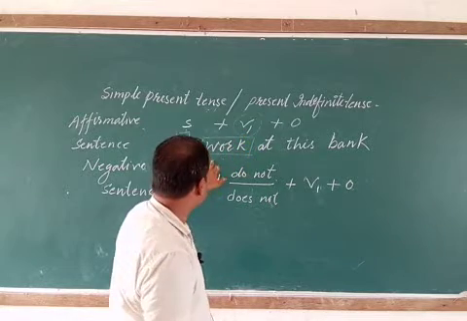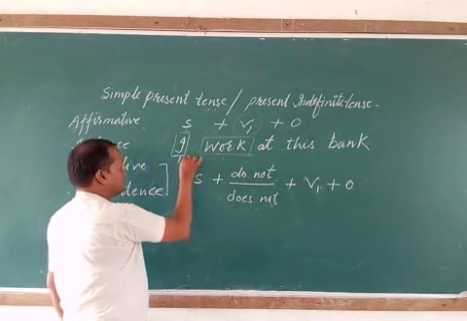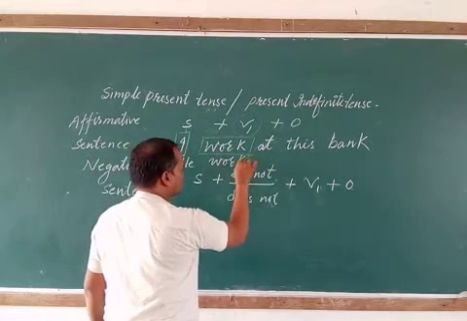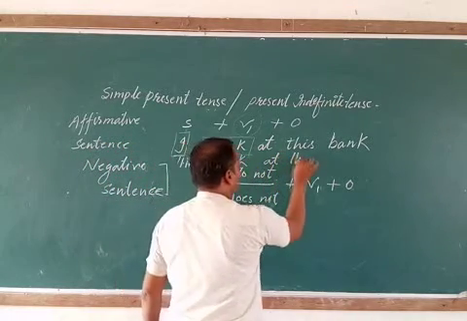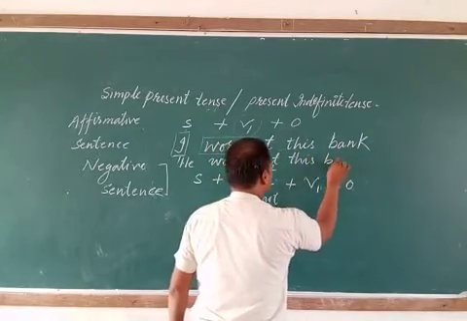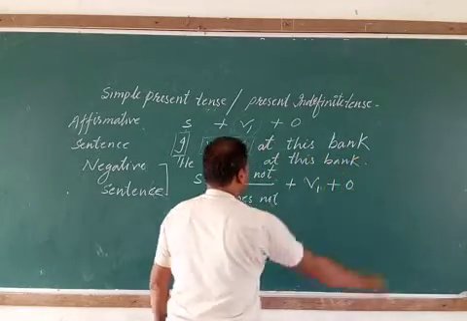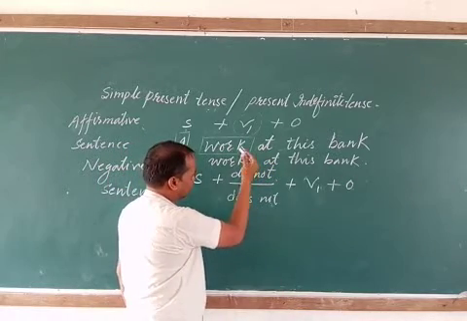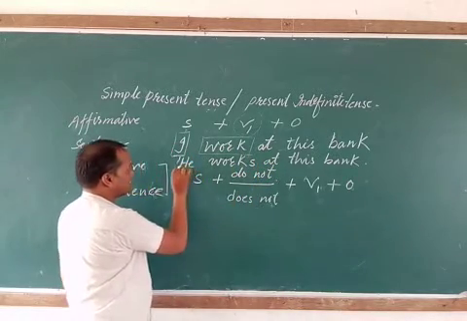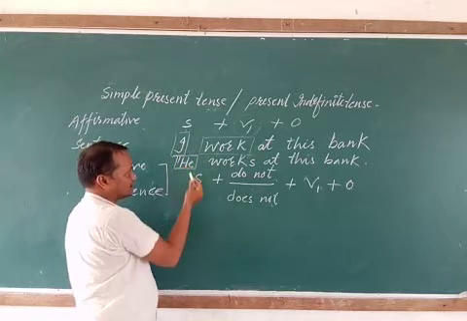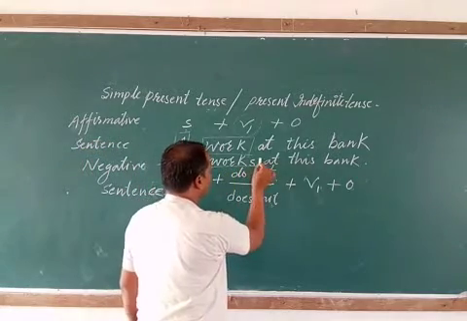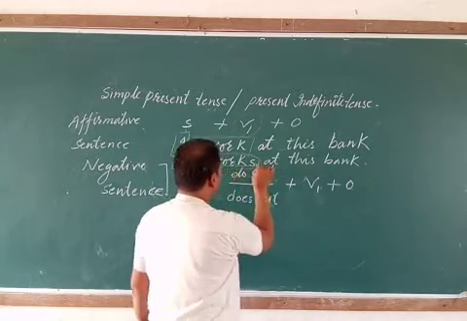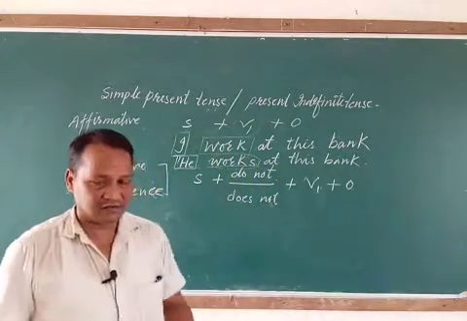Means if I have to write here, he works at this bank, so we have to add s here because the subject he is singular. So the subject is singular, so we will add s at the end of the verb to make the verb singular.